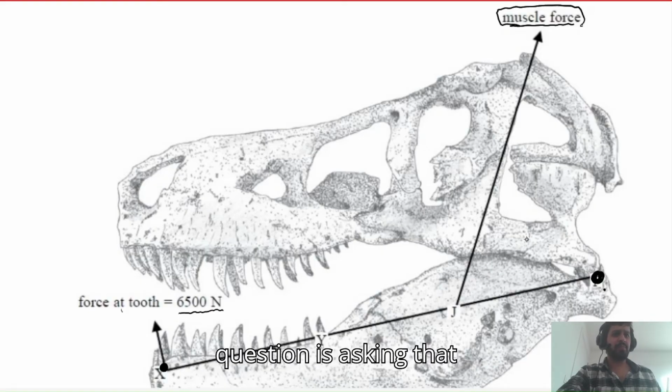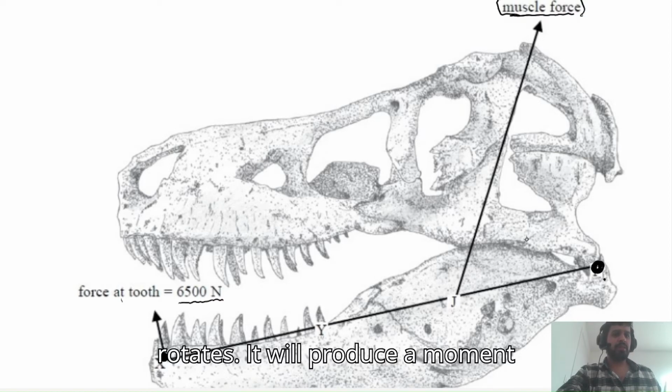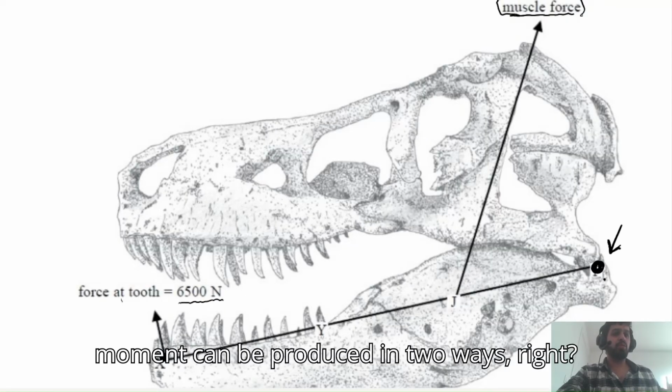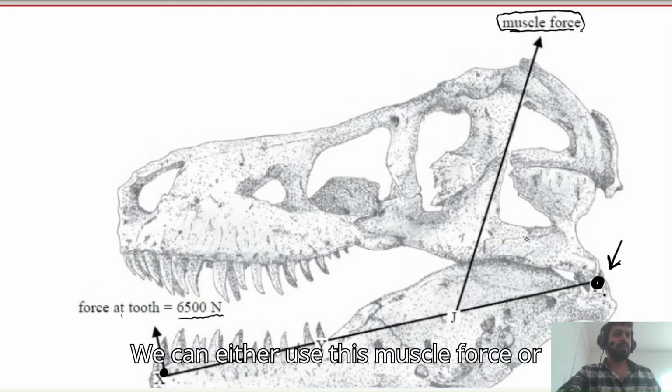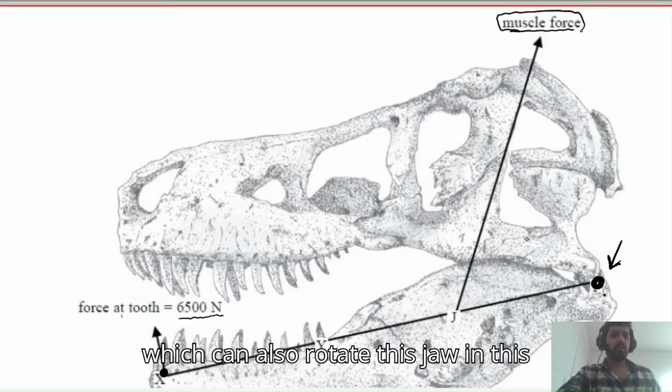The question is saying that this lower jaw, when it rotates, will produce a moment about this point P. And this moment can be produced in two ways, right? We can either use this muscle force, or we can imagine that there is a force acting here at this point X, which can also rotate this jaw in this direction.